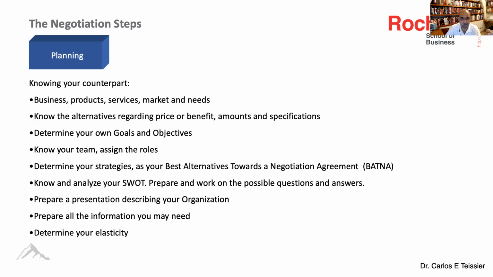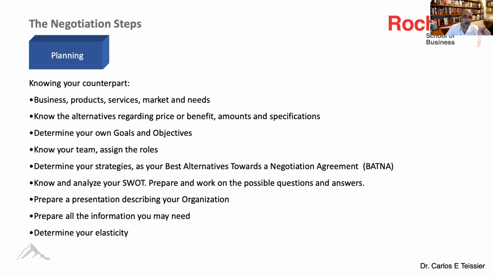Okay, now, you have to make your SWOT analysis. You know SWOT analysis: strengths, weaknesses, opportunities, and threats. You know about this. The SWOT analysis is going to let you know what can you provide that you're very good at, but it also will let you know in which elements, in which points you're not good for.